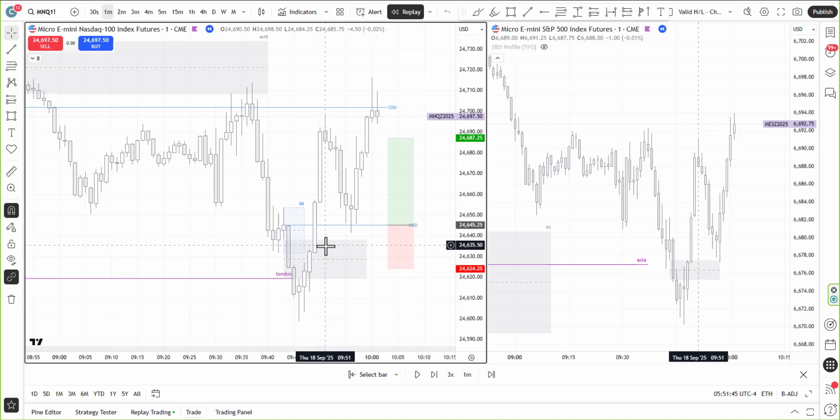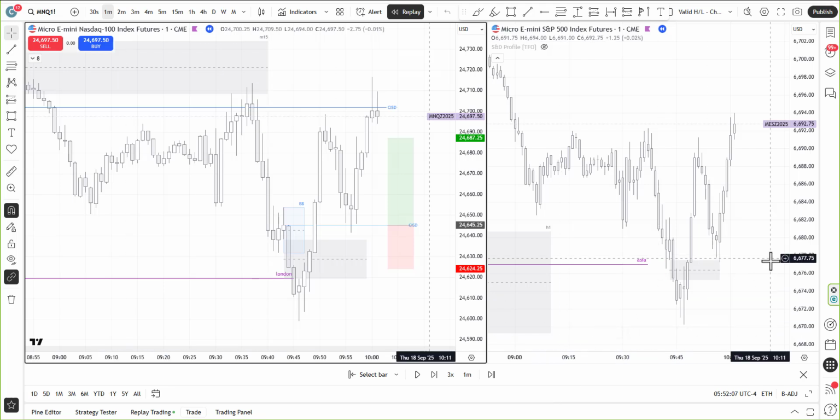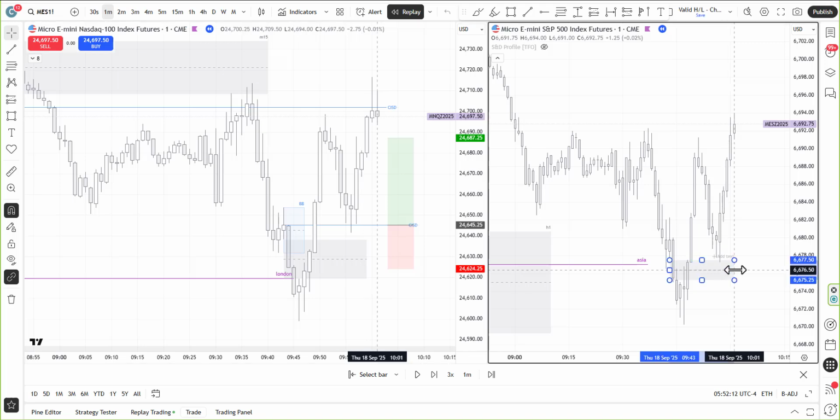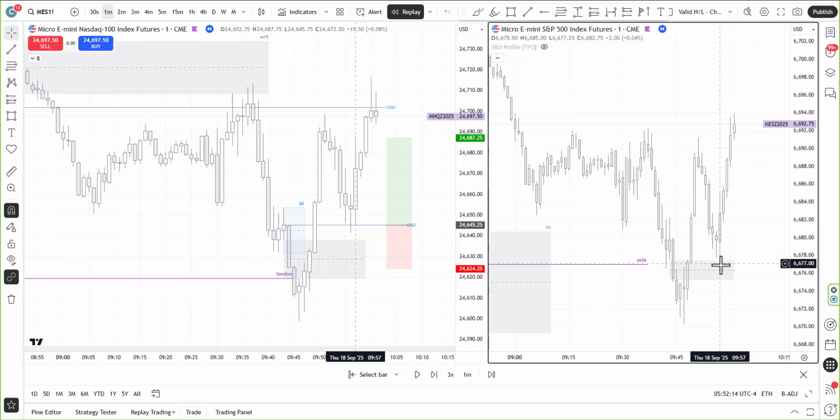So my model currently is best fitted for a slow start and then a good follow through. However, this was more a V-shaped reversal and my model is not really suitable for it. So I'm just looking and reviewing, okay, can I find proper methods to still trade this? Because as you can see in this gap, ES actually tagged it perfectly.